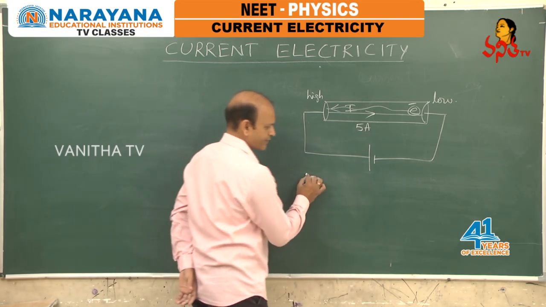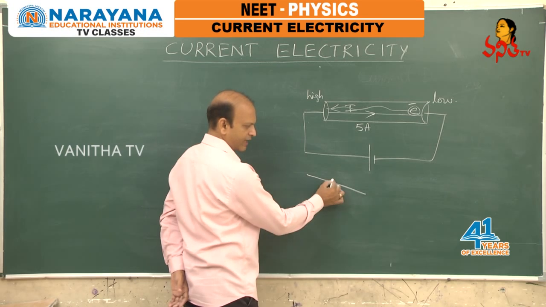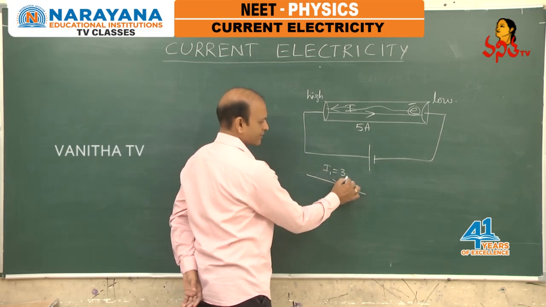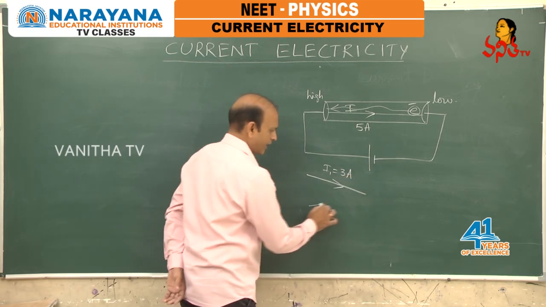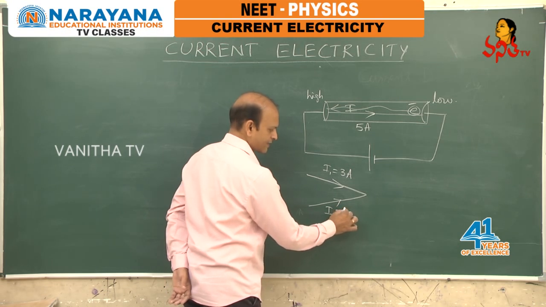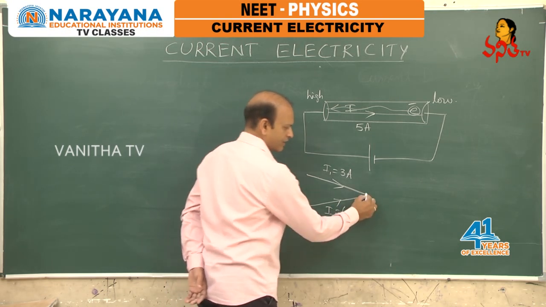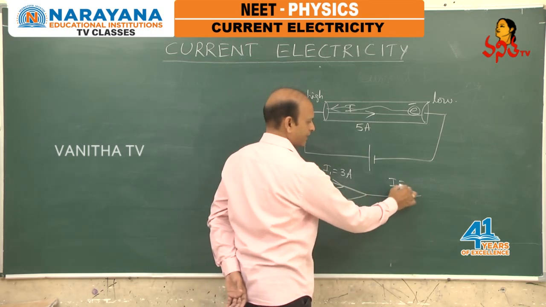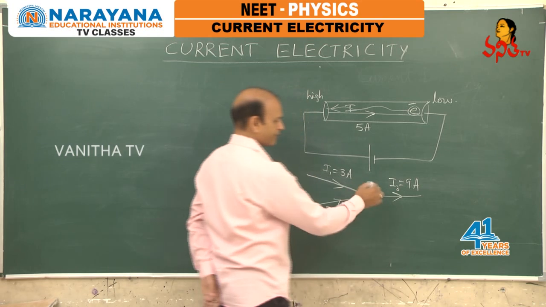Suppose in one wire a 3 ampere current is passing, and in another conductor a 6 ampere current is passing. These two are attached to another conductor, then definitely a 9 ampere current will pass in it.